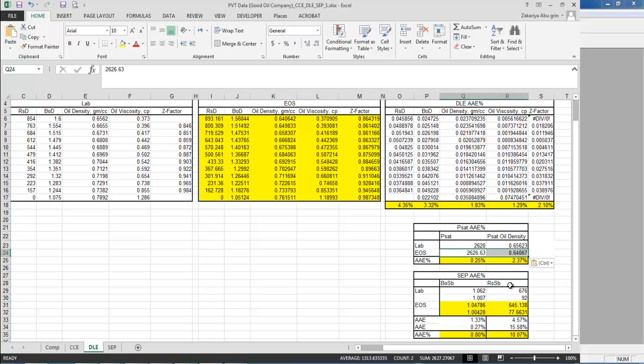So we keep this matched, and for the density it's okay.